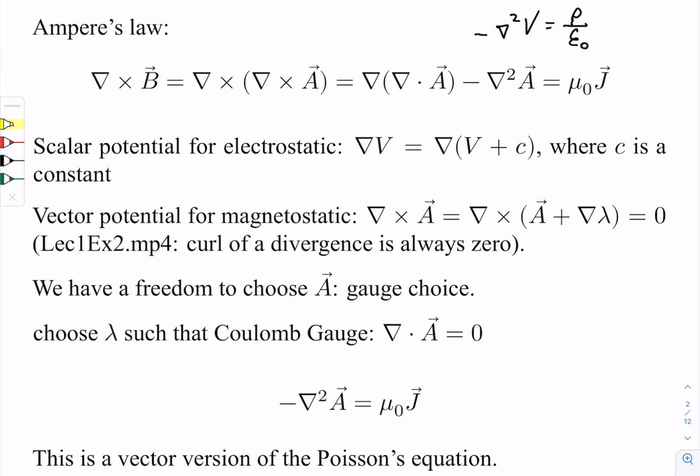So in Cartesian coordinates, Ax must be determined by mu naught Jx, and likewise Ay and Az are determined by Jy and Jz. So instead of solving one Poisson's equation, we simply need to solve three independent Poisson's equations, and then we can determine this vector potential.